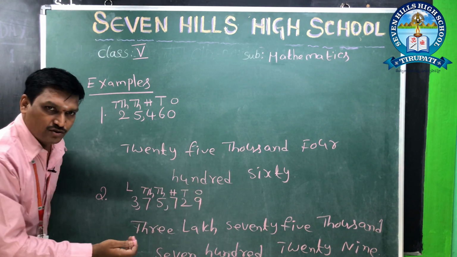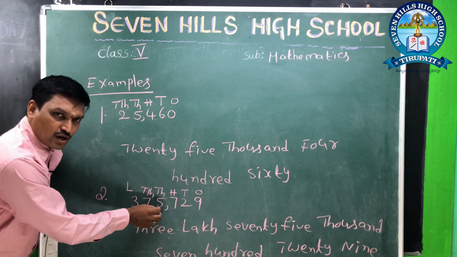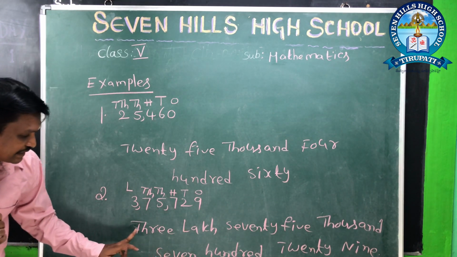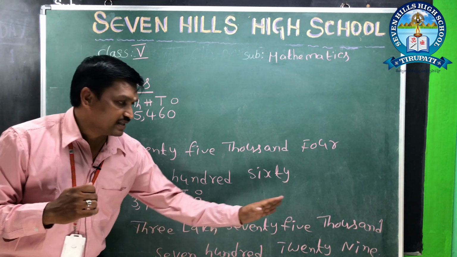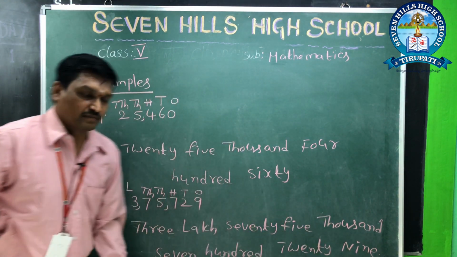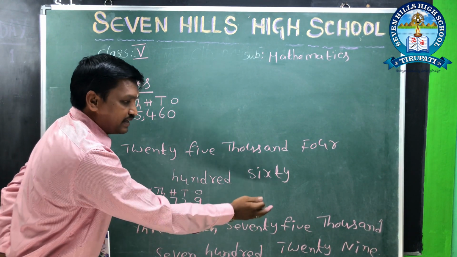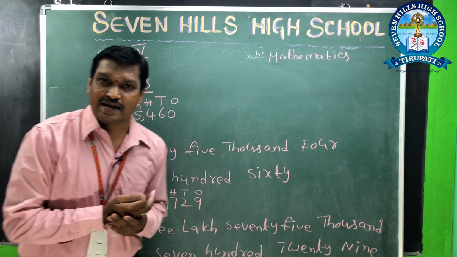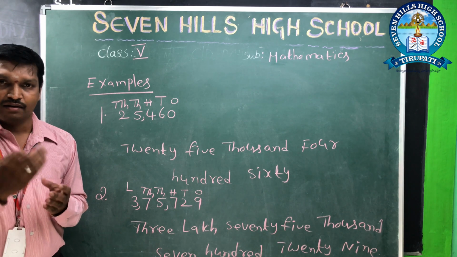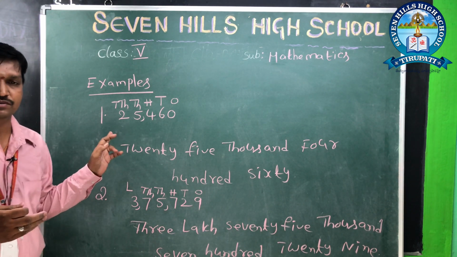We use the same place values of the Indian system: ones, tens, hundreds, thousands, 10,000s, lakh. That means 3,75,729. So like this we can separate any large number easily by using the Indian place value chart.